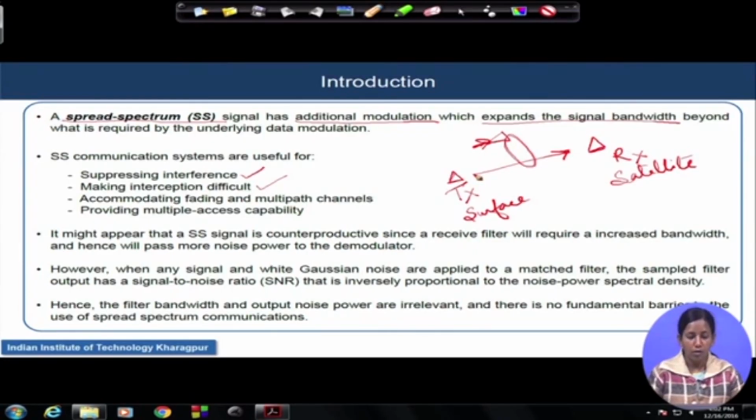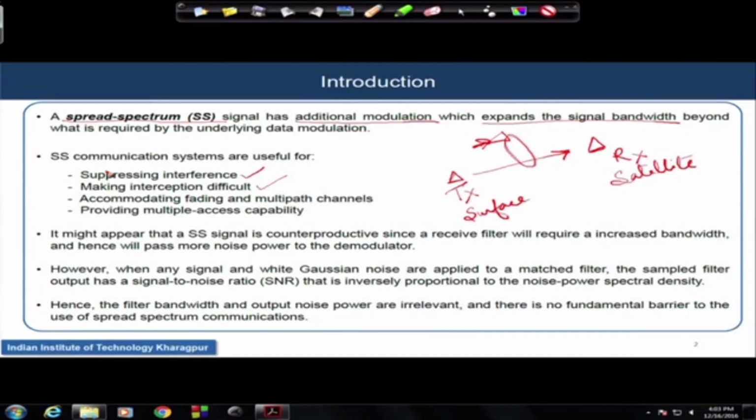So spread spectrum communication, giving an additional modulation by spreading the spectrum of the underlying data modulation, will help you make the interception very difficult for the enemy.